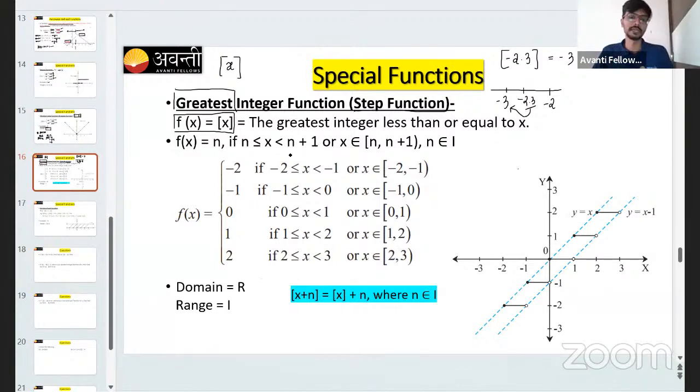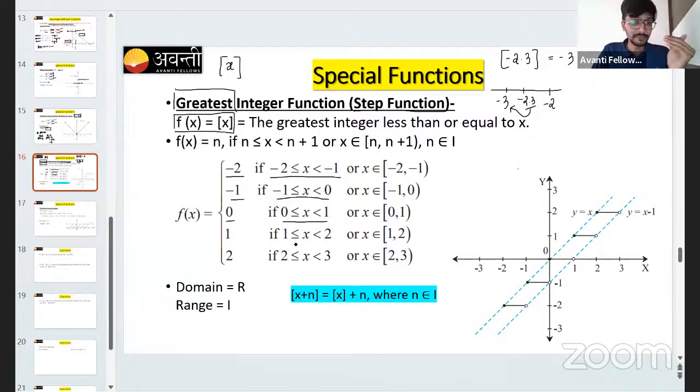Now let's see what those parts are. If the input is between 0 to 1, output is 0. If the input is between minus 1 to 0, output is minus 1. If the input is between minus 2 to minus 1, output is minus 2. And you can continue so on.